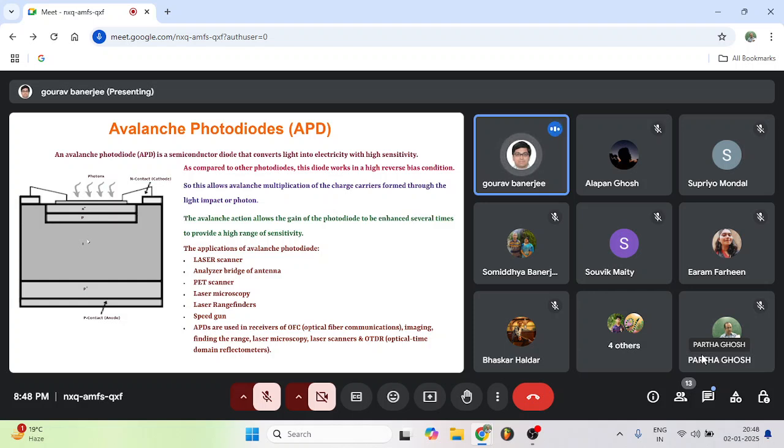So they are very sensitive and are used in high energy detectors, mostly gamma ray detectors. Their applications include laser scanners and other scanners, mostly very high energy detection. We will be using this avalanche photodiode.